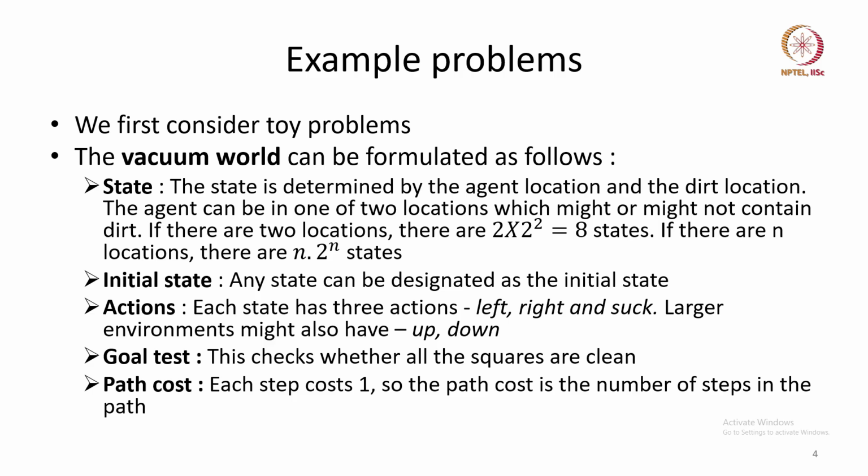So what is the number of states that we can have? There are two rooms, and each room can be either clean or dirty. If you look at it, you see that the total number of states you have is 8 states. And if we have n locations, instead of 2 rooms, if you have n rooms, you'll have n times 2 to the n.